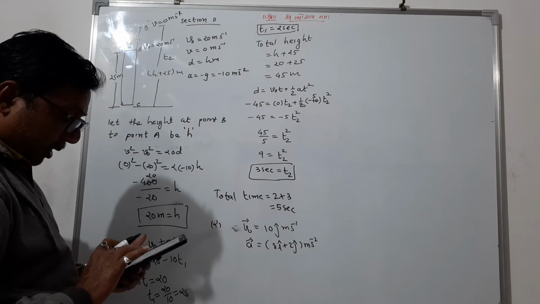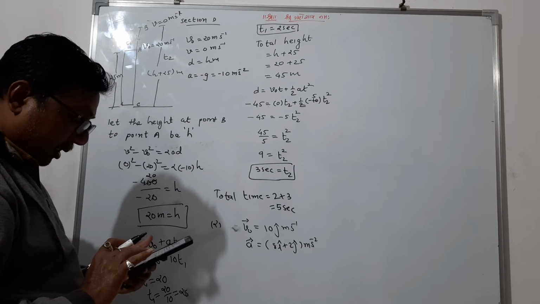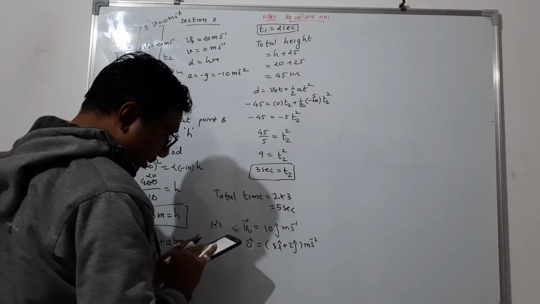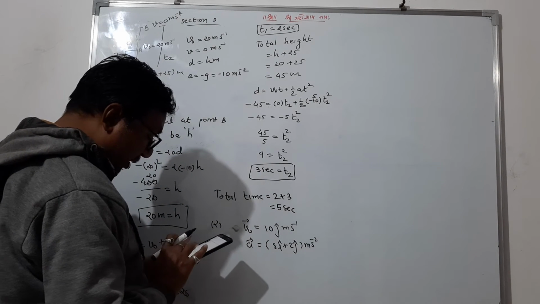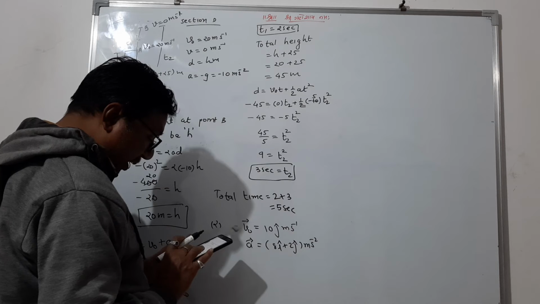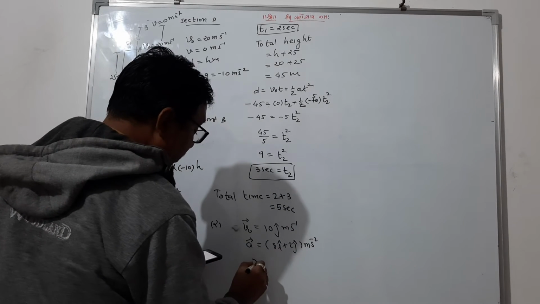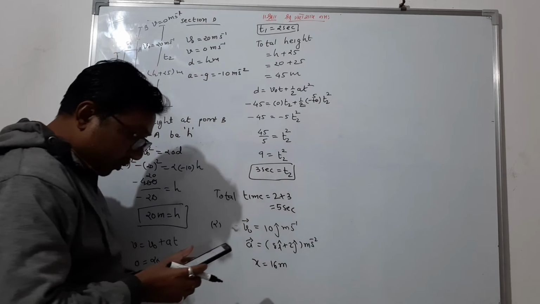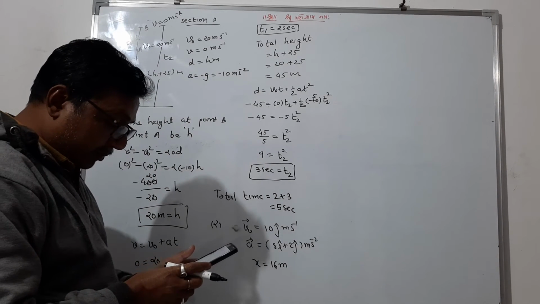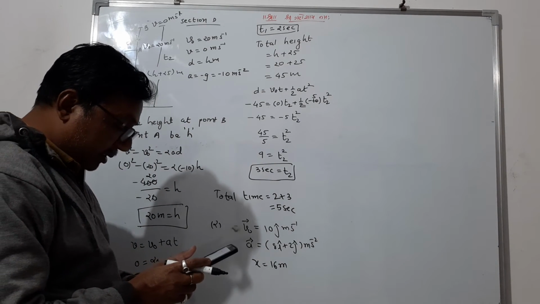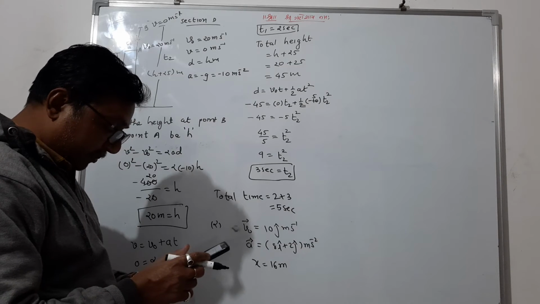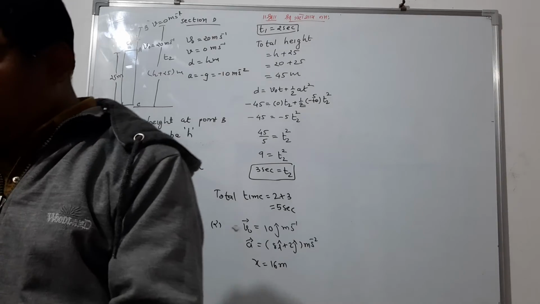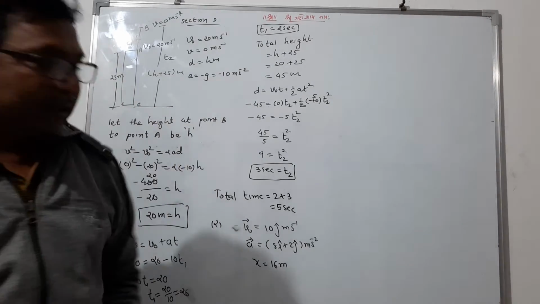At what time is the x coordinate of the particle 16 meter? So x is equal to 16 meter. What is the y coordinate of the particle at that time, and what is the speed? That means you have to find out three things.